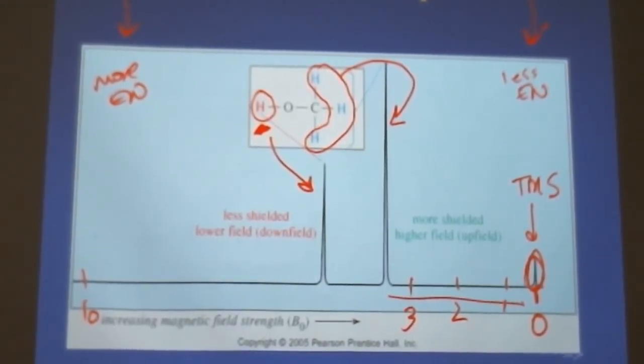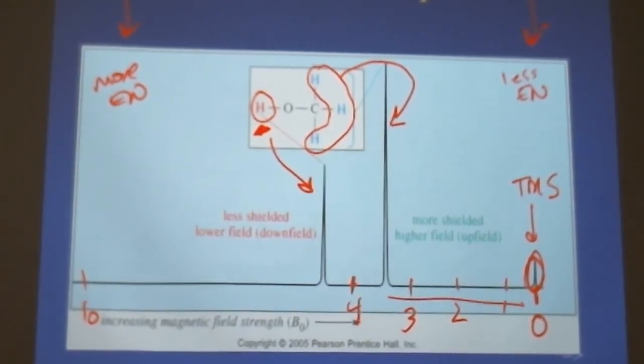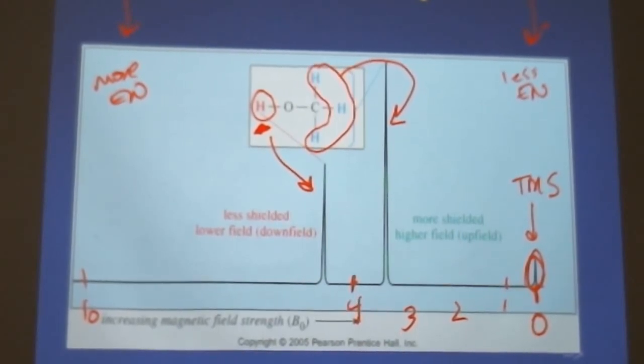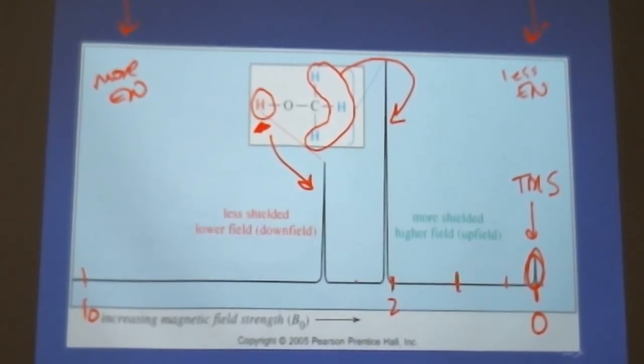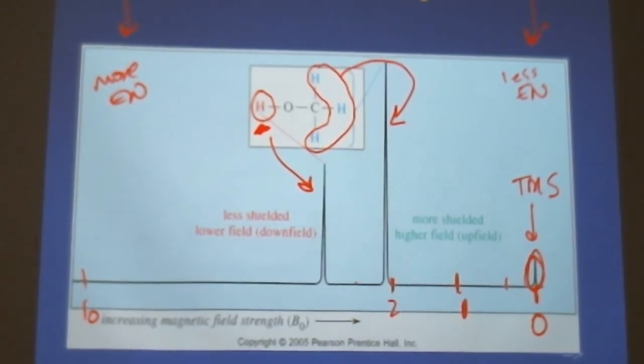So where this falls relative to these numbers, no, this is really wrong. So I'll change that. These would probably be showing at around 2-ish. And these, who knows? OHs, anything with hydrogen bonding is always a mystery.